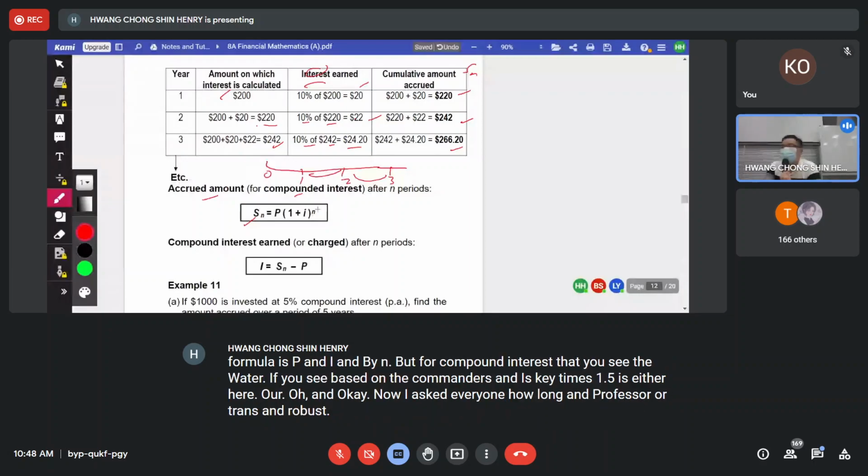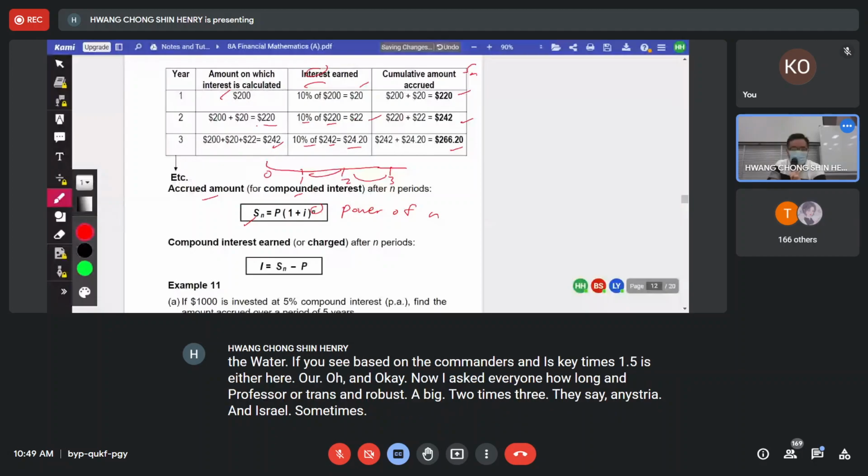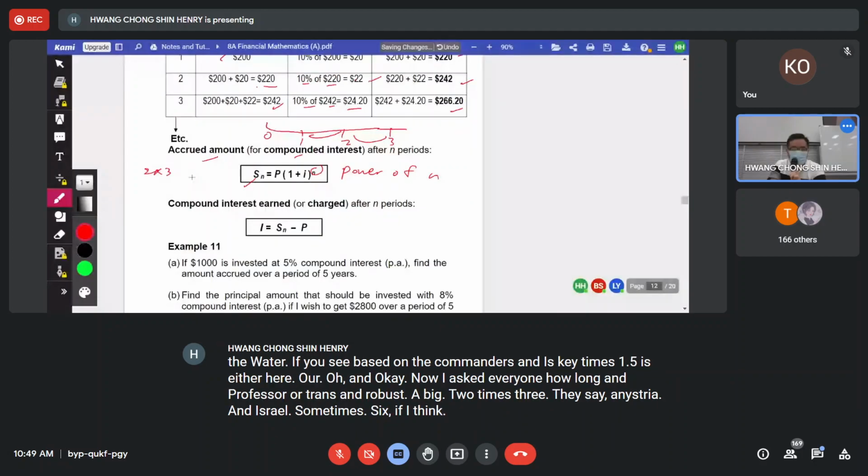Mathematics. Let's say N is 3. 2 times 3 is 6. If I take 2 to the power 3, which one is more?